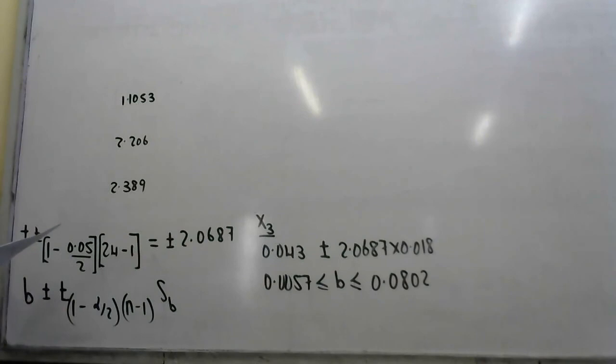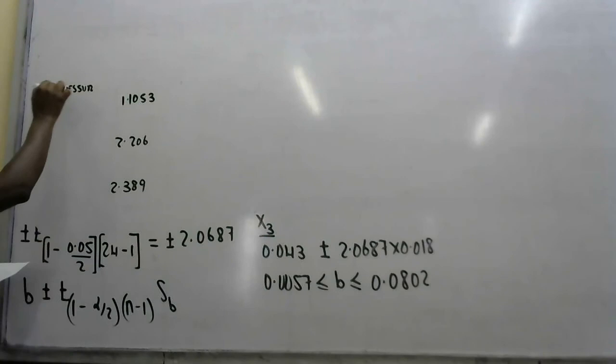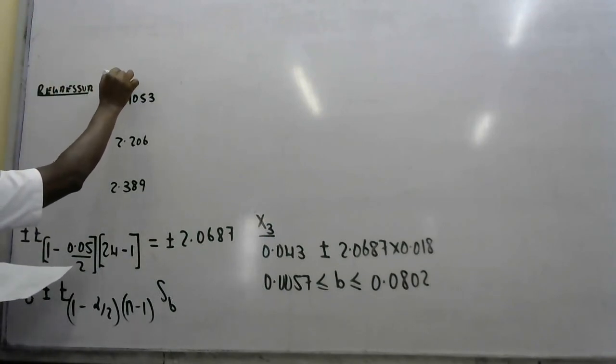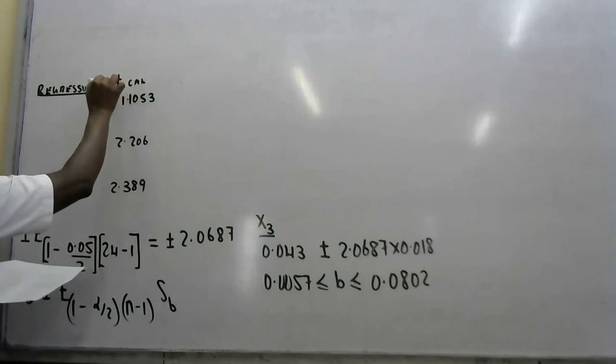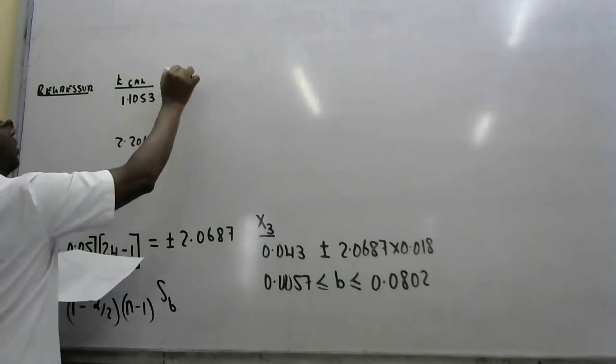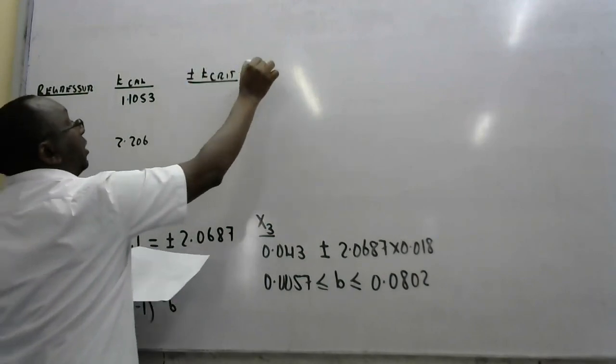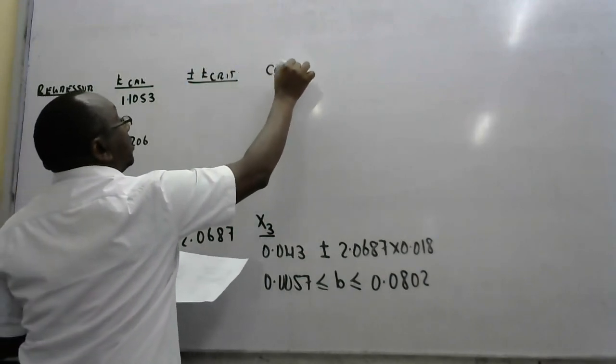Then, which regressor gives the strongest evidence? For you to give the evidence, you have to check whether it is significant. You have the regressor, you have T calculated, then you have plus or minus T critical, and then the conclusion or the comment.